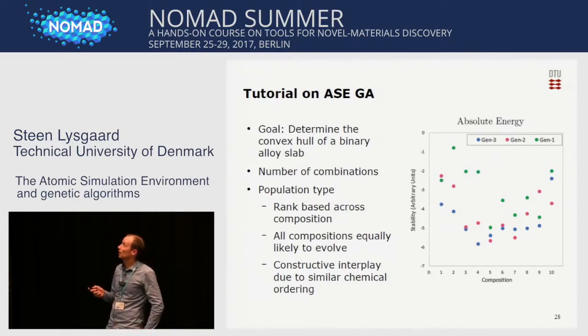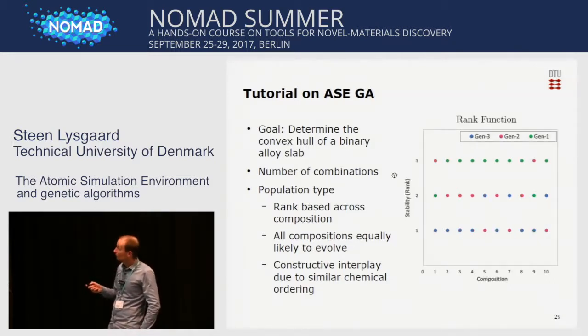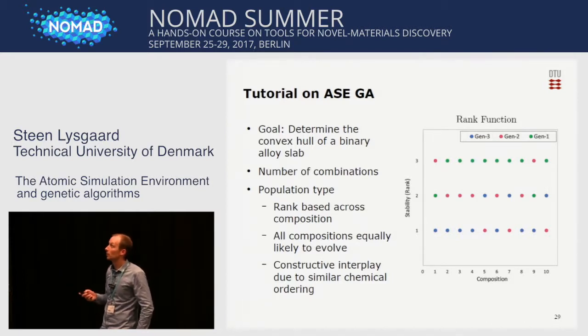Instead of having a ranking like this, where a certain composition has all the lowest energies, so a traditional algorithm would just use these as the population and involve really only this part of the composition space, we now take each composition individually and rank them so they are equally likely to be chosen as parents for the next population.